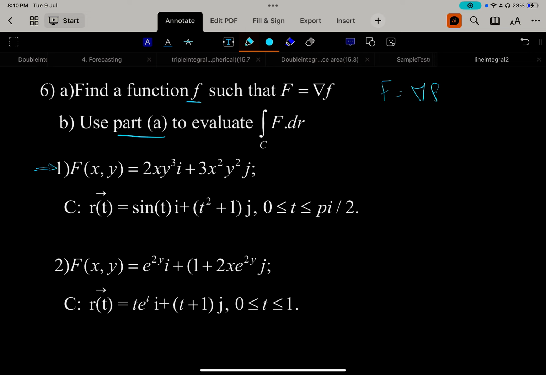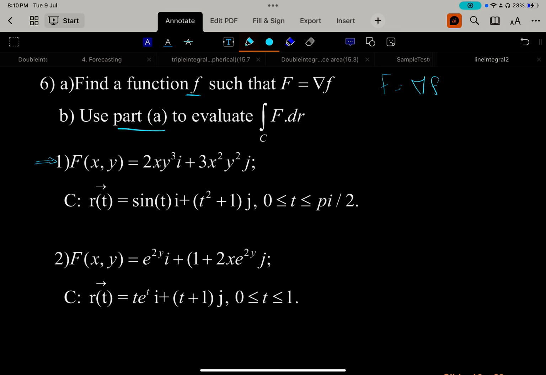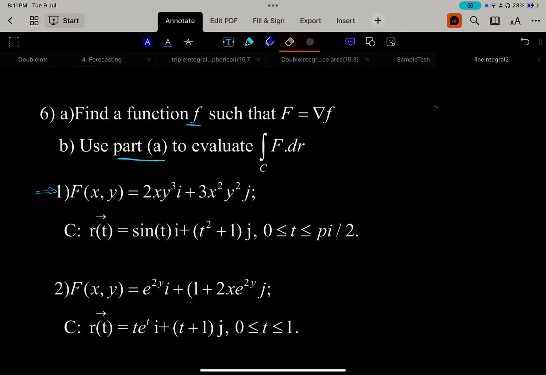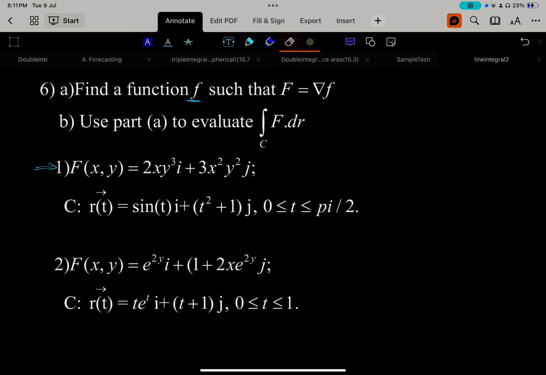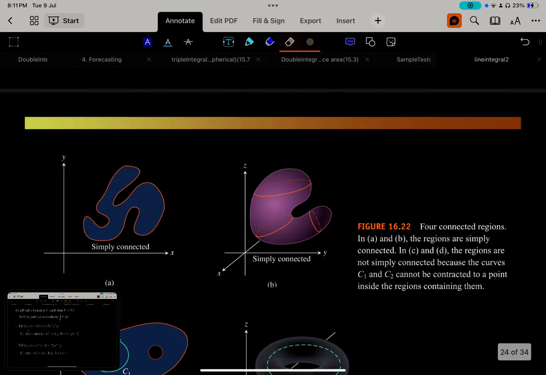Okay, so what function f can we find? We'll need to do something like this, so let's take this to a new page, and I'll show you exactly how to solve this problem.